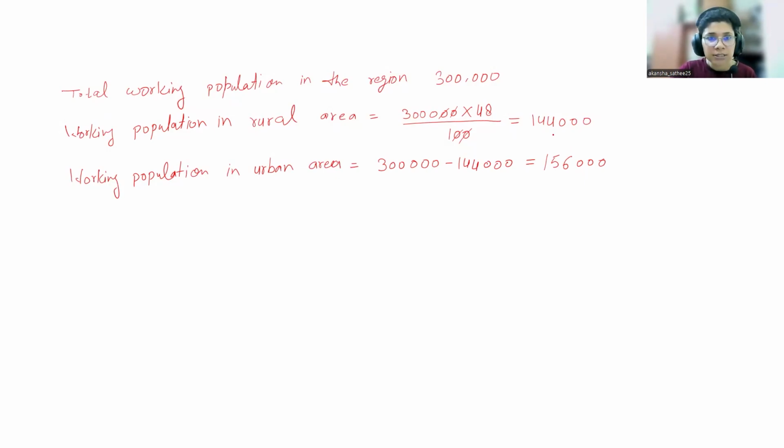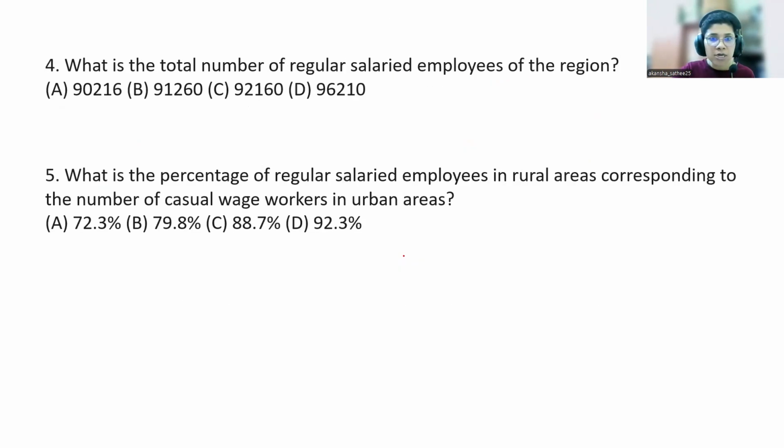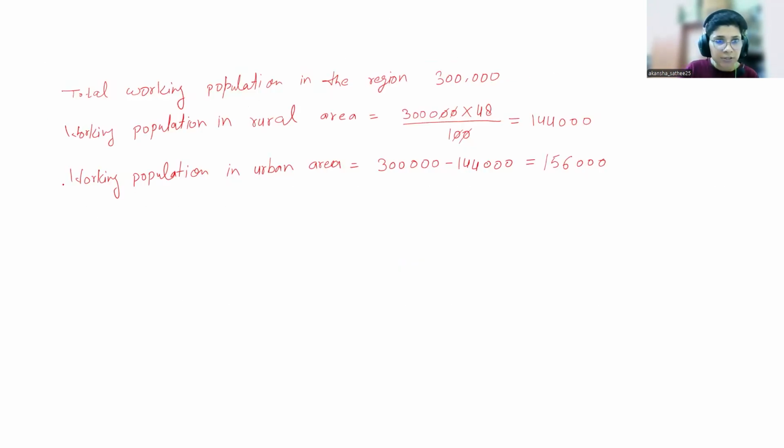Now, what is the next thing given? Regular salaried workers in urban area were 48%. So regular salaried, you please point out and write it.